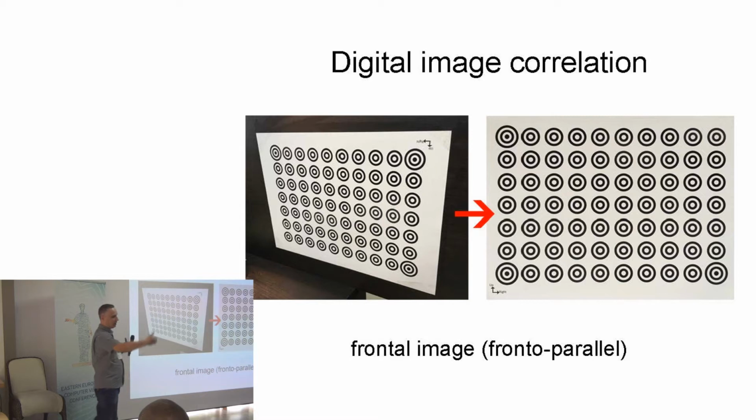The frontal image is an image parallel to the camera plane. So the detection of the features becomes very simple. We are now not detecting some ellipses or curved corners or so on. We can detect exactly circles and exactly rectangular corners.